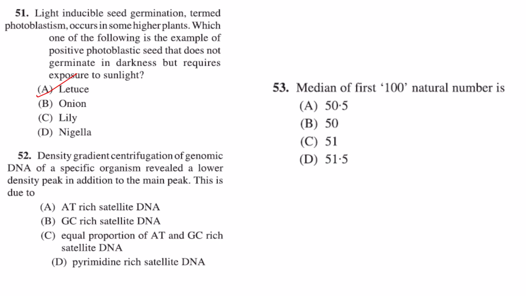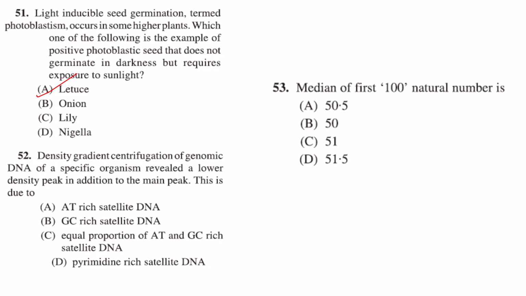Then next one. Density gradient centrifugation of genomic DNA of a specific organism revealed a lower density peak in addition to the main peak. So this is due to... so the density gradient technique is used to separate DNA molecules based on their density.